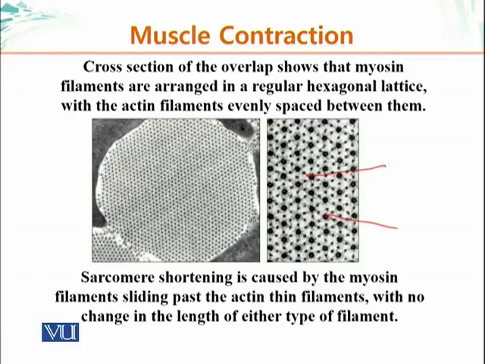Sarcomere shortening, again, is caused by myosin filaments sliding past the actin thin filaments with no change in length of either type of filament. So this is important. The filaments are not getting shorter. They're just sliding against each other. The arrangement of these filaments is slightly different in the vertebrate muscle.